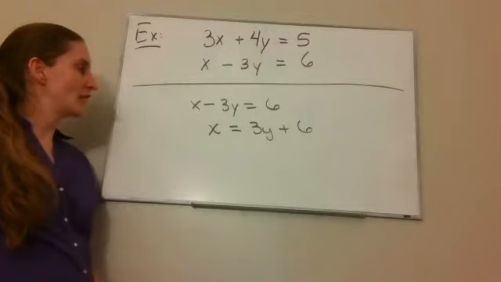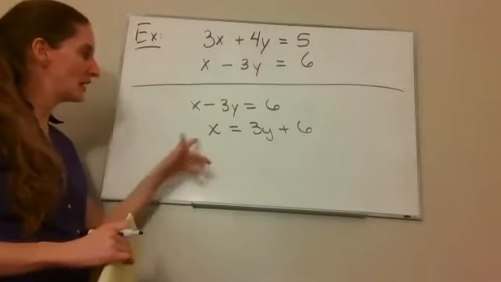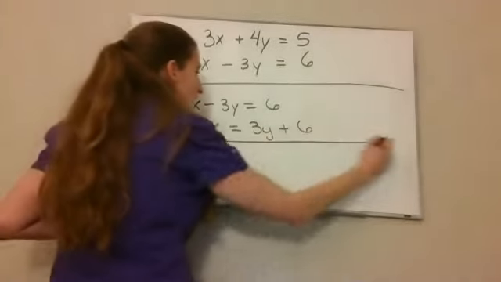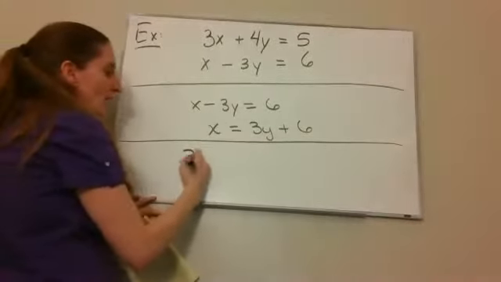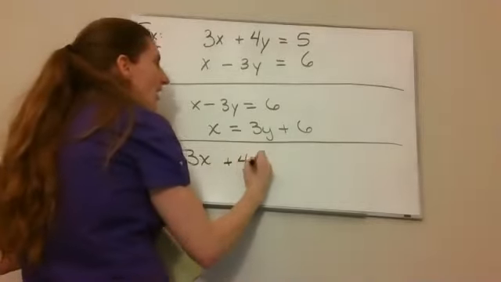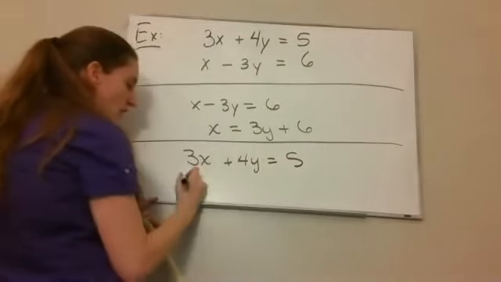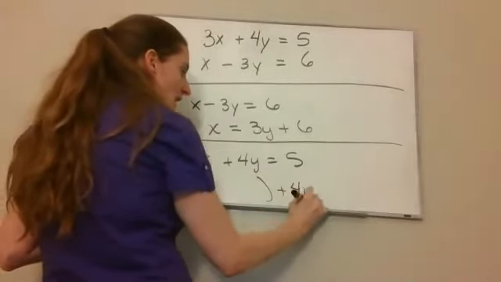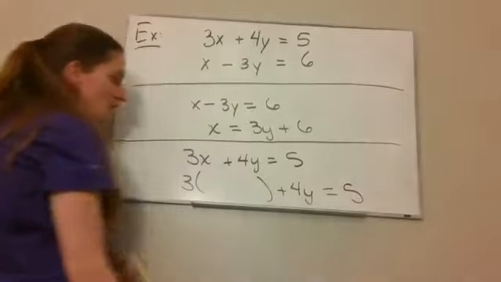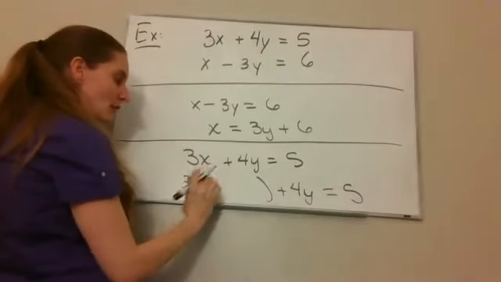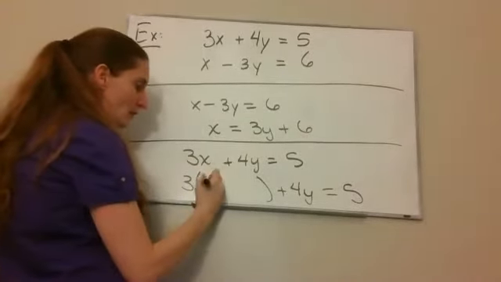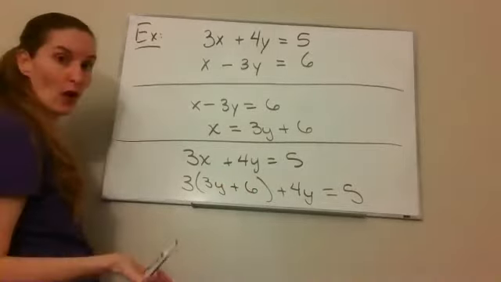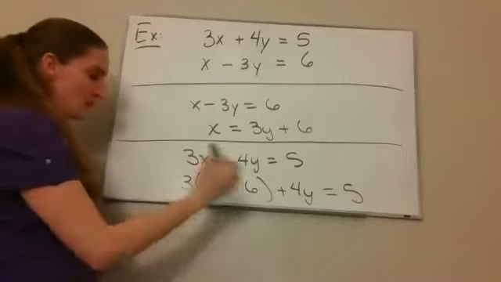Now I have to take this information and plug it into the other equation. So I had 3x plus 4y equals 5. Now I take the information I just found out and plug it into the equation. So 3 times x will now be 3 times 3y plus 6. I can now solve this for y.